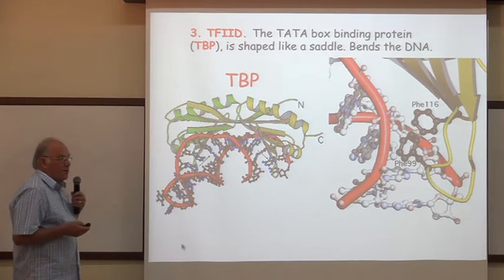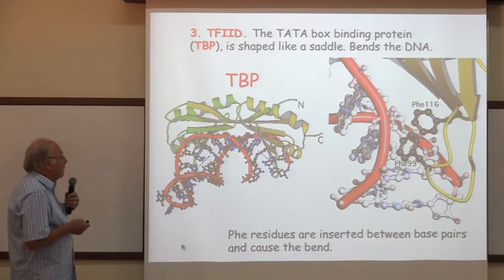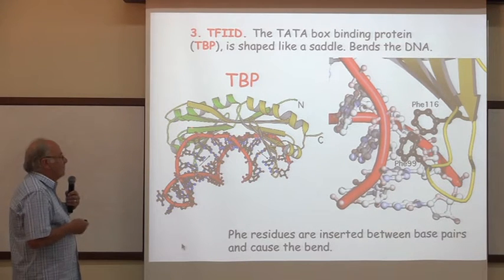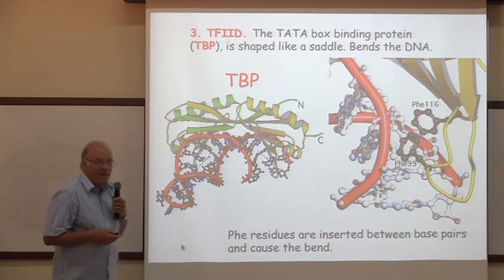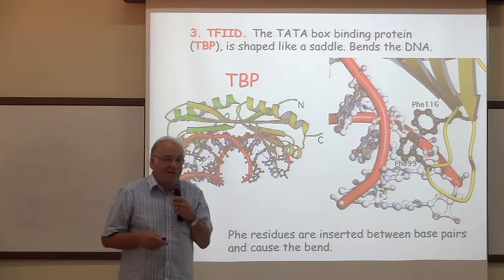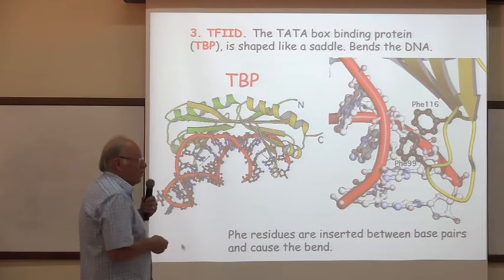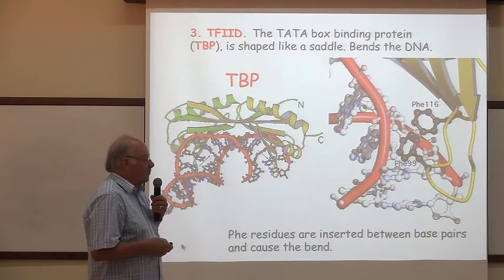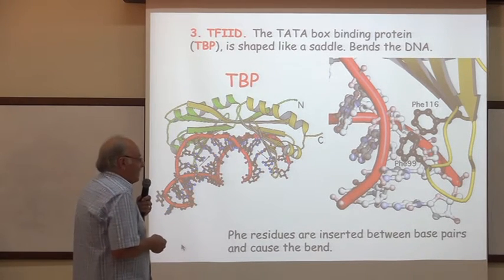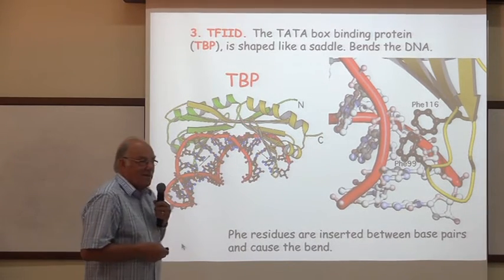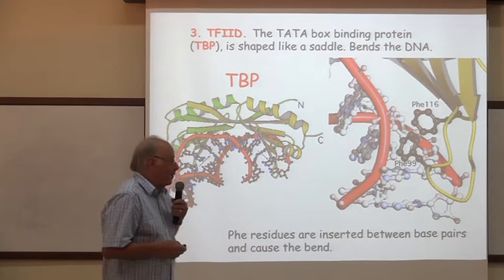So it's quite a complex system. So now let's look at the TATA box binding protein. And it is a funny and interesting structure. It looks like a saddle riding on a horse, or laid on the back of the horse, the horse being the DNA. So here the DNA is then bent by the binding of the TATA box binding protein.